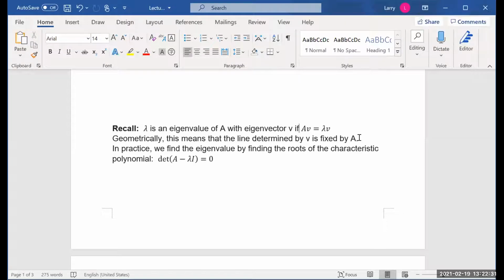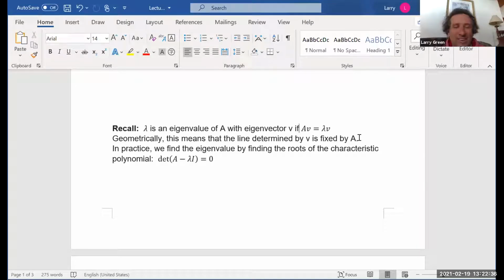If you only want to live with the real numbers, then a matrix can sometimes not have any eigenvalues, because remember, there's a characteristic equation, and the characteristic equation may not have any roots, and the roots are the eigenvalues. So in particular, if there are no roots to the characteristic equation and you have no eigenvalues for the matrix A, that means there are no fixed lines.